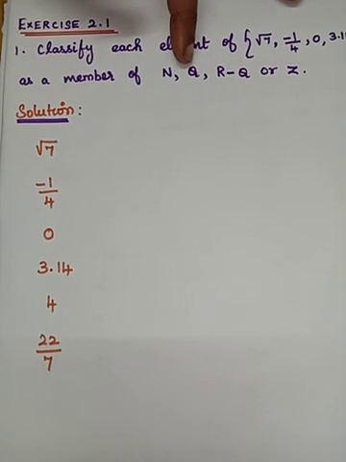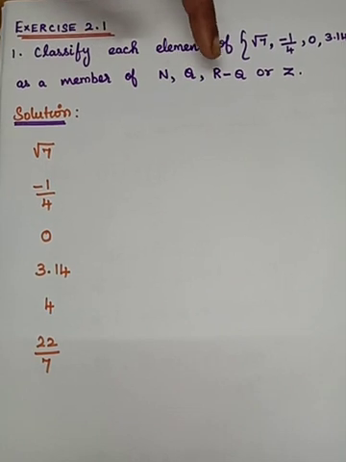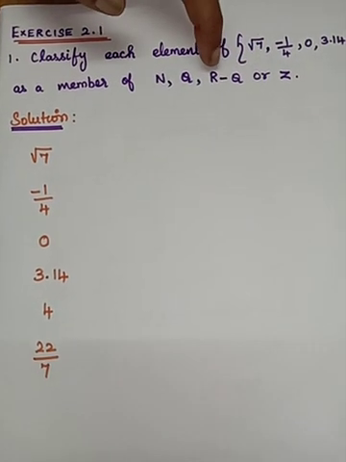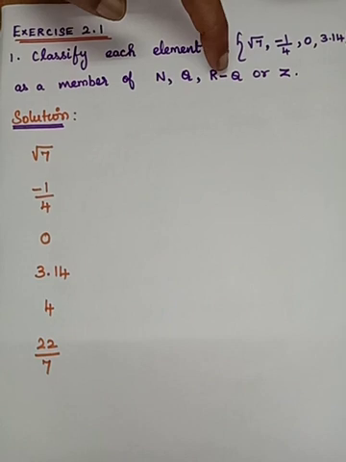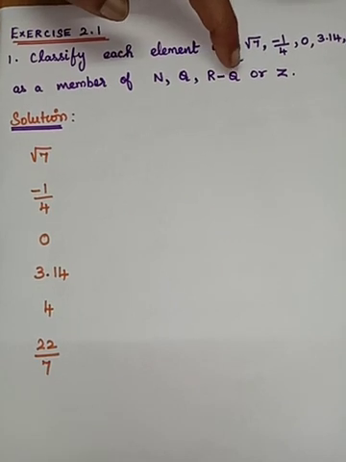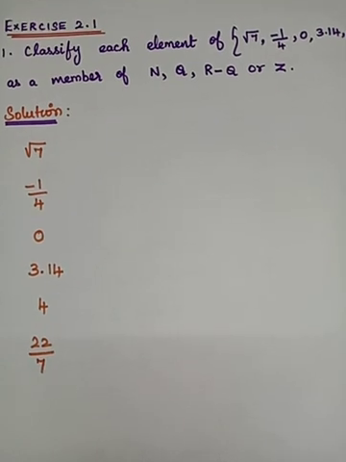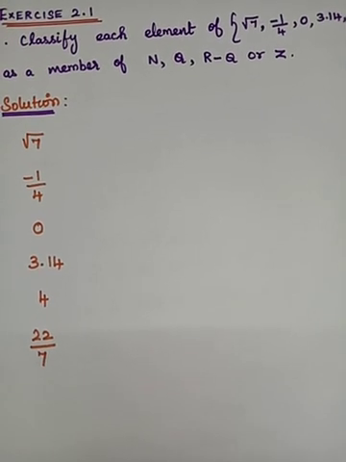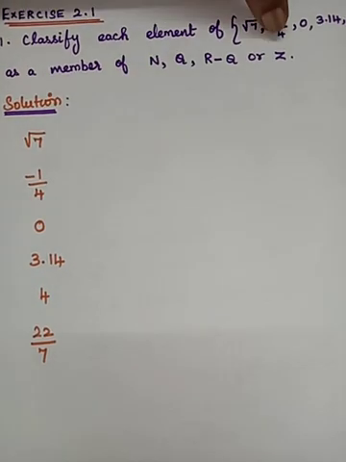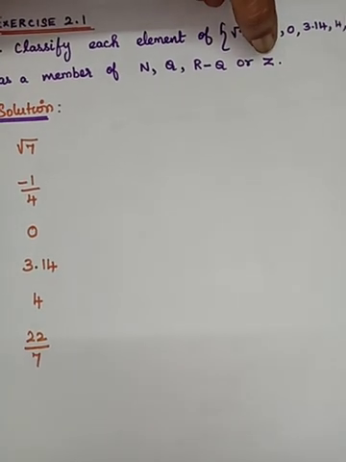Q is the set of all rational numbers. Then what is R minus Q? R is the real numbers. From that, if you subtract the set Q, Q being the rational numbers, R minus Q is nothing but the irrational numbers, that is Q dash. And the Z symbol is the set of integers.